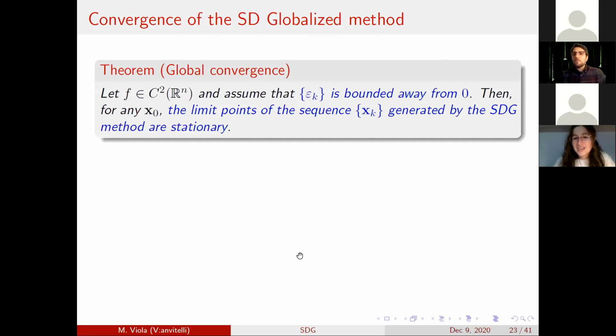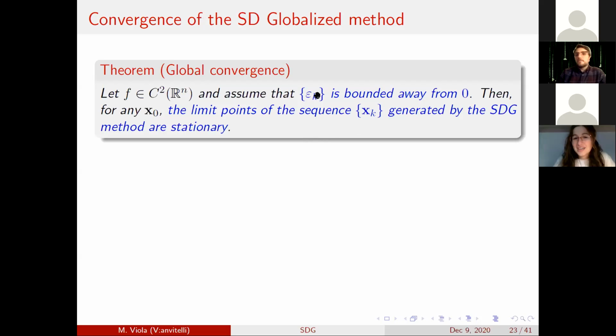So before moving to the results, just a couple of theoretical results to prove that everything is nice and everything can work. Of course, we can prove global convergence. It's not outstanding because we tried to follow step by step what we needed to have the global convergence of a line search method.